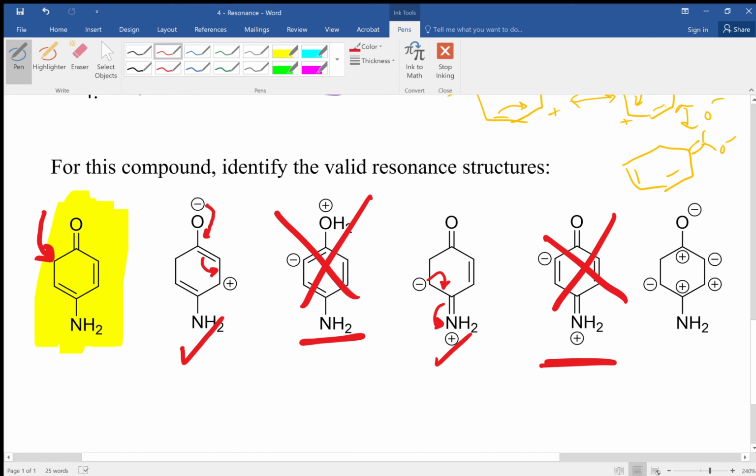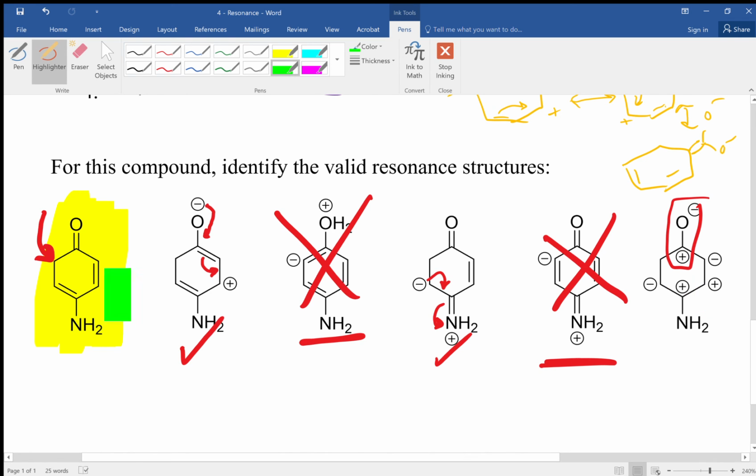The fifth one looks a little funny. But if you think about what we've done with carbonyls, the carbon-oxygen double bond in the past, where we take the pi electrons and move them onto one atom, giving us a plus and a minus charge, that's what's happened here. One of our pi bonds became this plus minus.